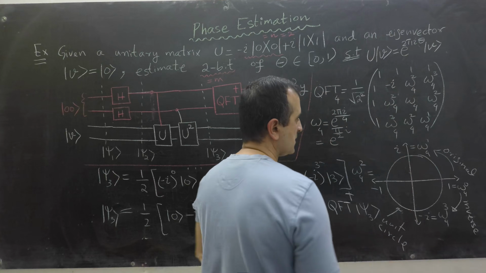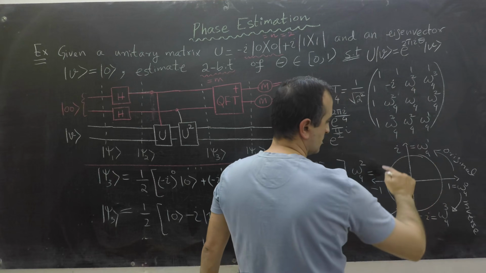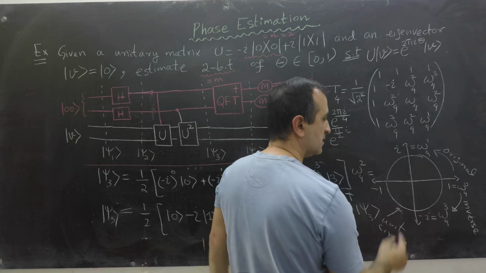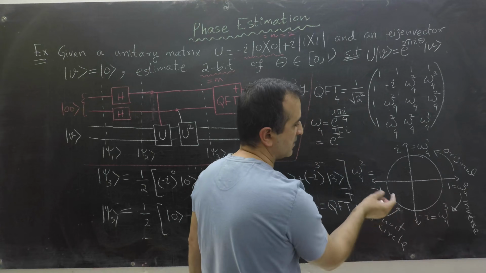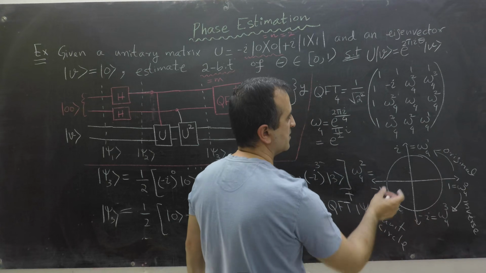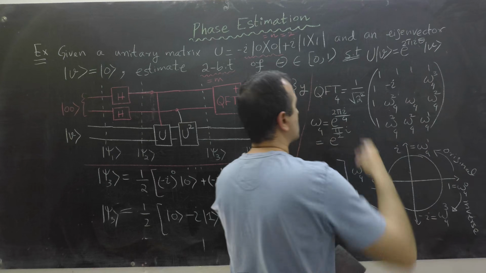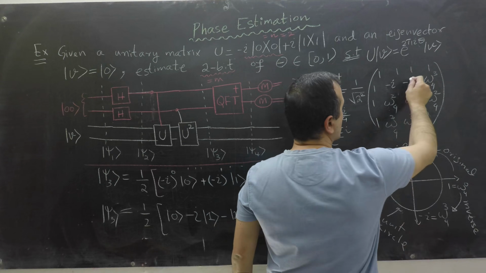Similarly, for omega square I travel 2 units in this direction, whereas to find the inverse I have to travel 2 units in the other direction. In both cases I will get minus 1. So my omega square, I'm just calculating the conjugate transpose by the way, is going to be minus 1.